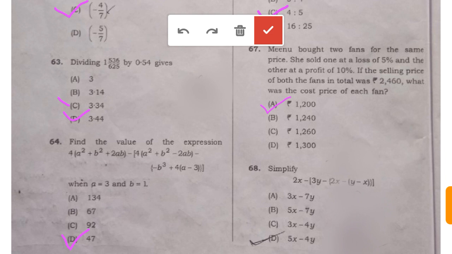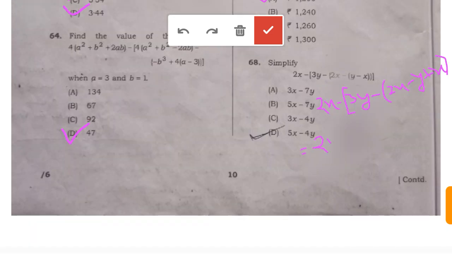Simplify twice x minus thrice y minus 2x minus y minus x. It's very easy. Just write the equation 2x minus, under bracket, 3y minus 2x minus y plus x, and this is equal to 2x minus 3y minus, here 2x plus x, so 3x plus y.